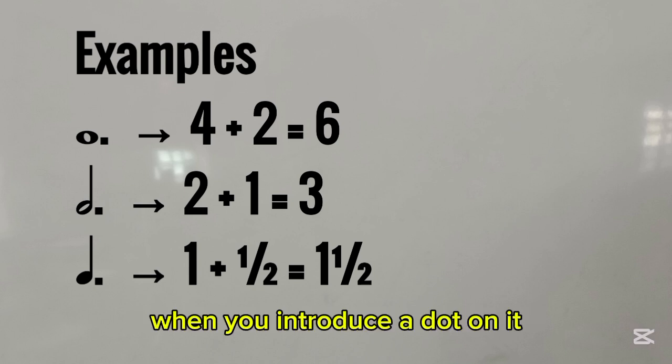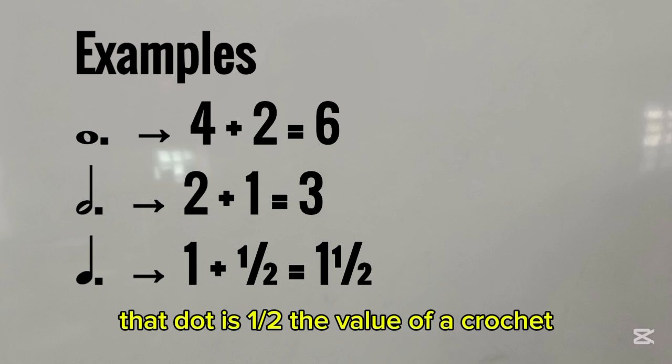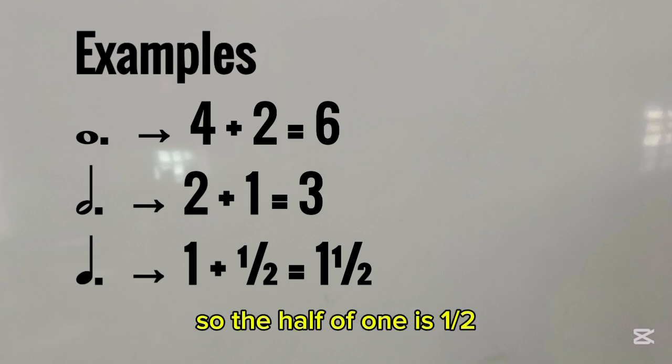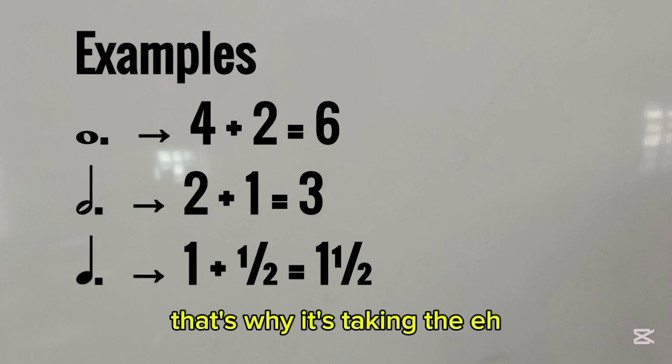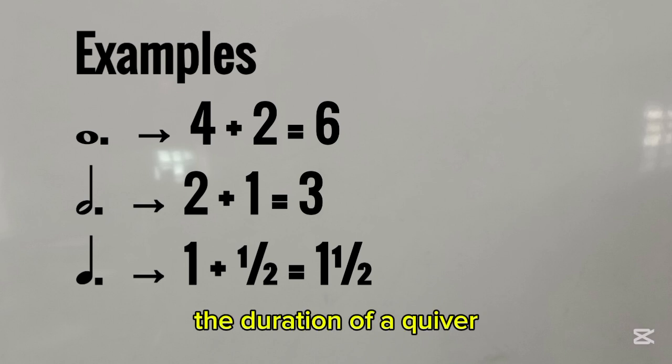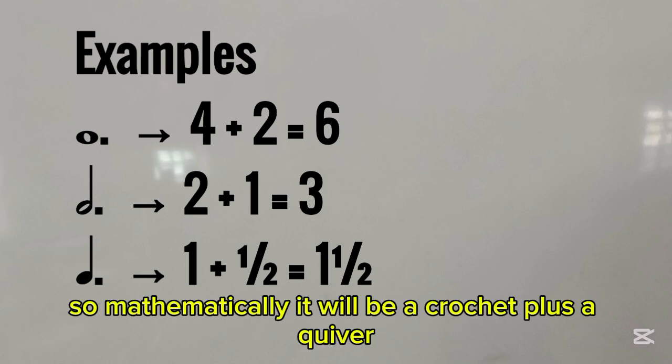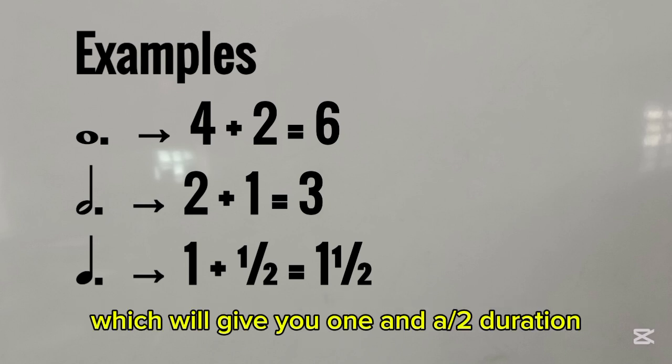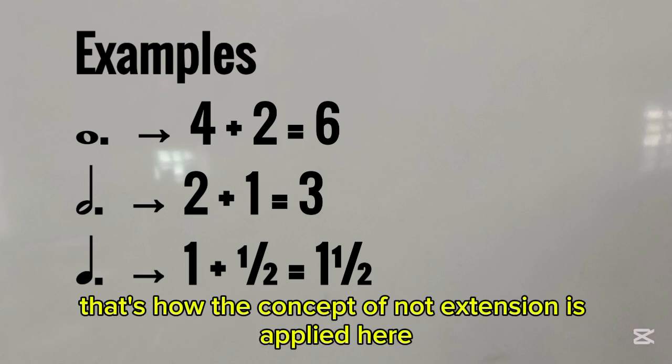When you introduce a dot on it, that dot is half the value of a crochet. Half of 1 is a half. That's why it takes the duration of a quaver. So mathematically, it will be a crochet plus a quaver, which gives you 1.5 duration. That's how the concept of note extension is applied here.